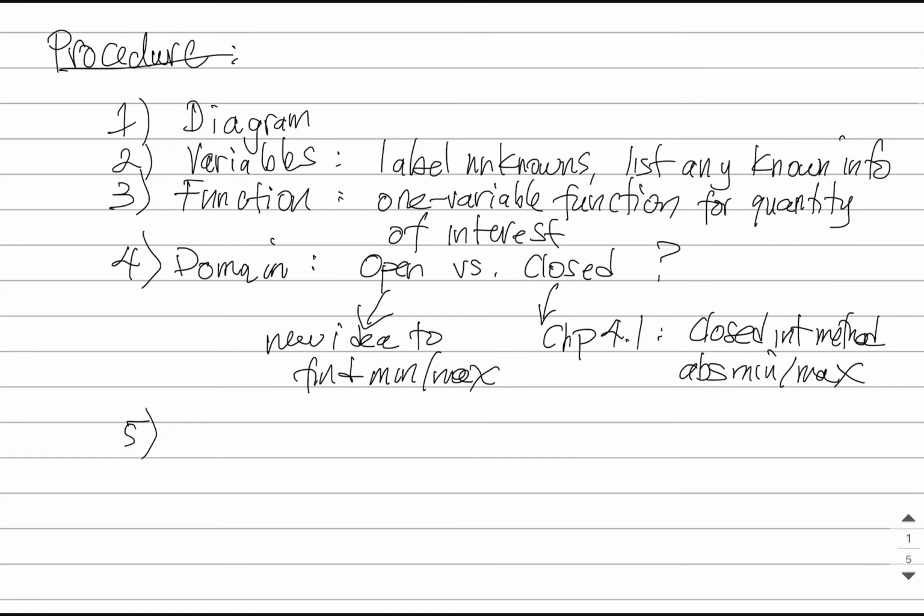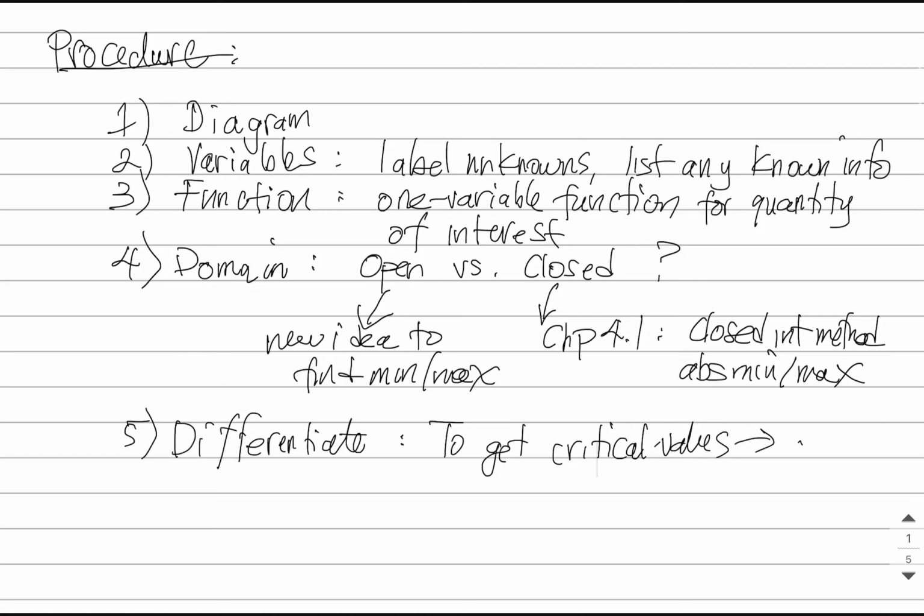Once we've got the domain settled and we have our plan of attack, then it's time to differentiate. We're going to need to differentiate to get the critical values and then classify the minima and maxima. And this will follow very closely with what we do in chapter 4.3.